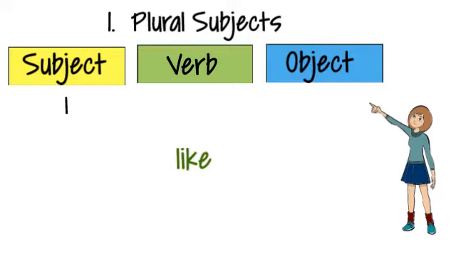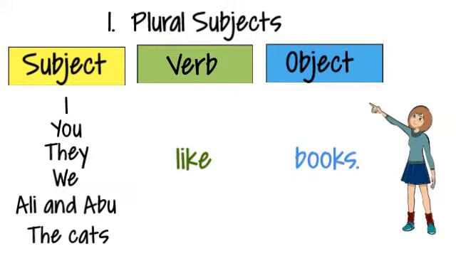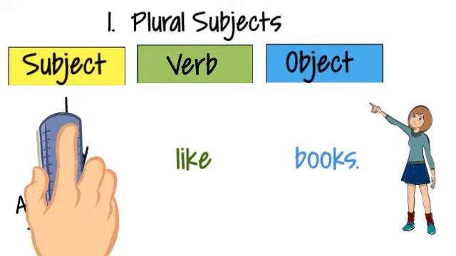I is a subject, like is a G1 verb. Books is an object. When we put it all together, it will be I like books, you like books, they like books, we like books, Ali and Abu like books, the cats like books.